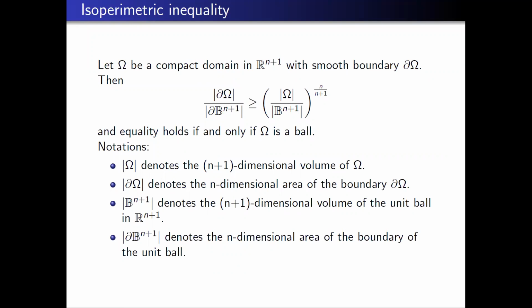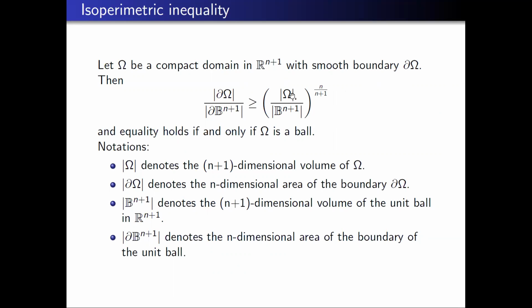Now let's recall the classical isoperimetric inequality. Let omega be a compact domain in Euclidean space with smooth boundary. Then we have the following inequality, and equality holds if and only if omega is a ball.